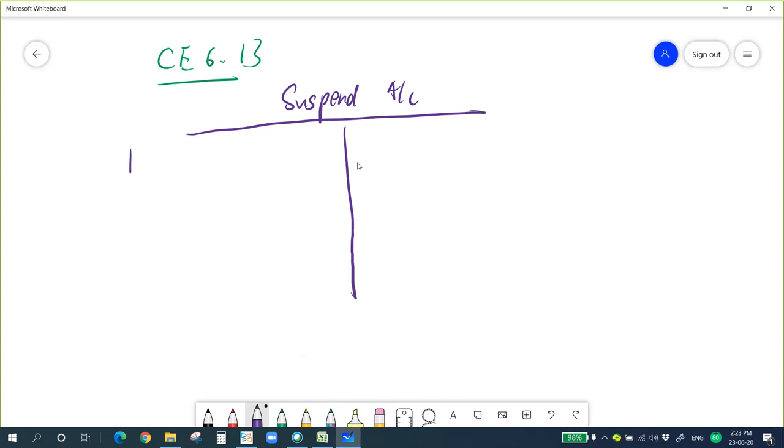So it's a debit balance of 1490. It means that we have to pass some entry to net off the suspend account, because suspend account is a temporary account and it must be fully netted off when we prepare the financial statement.